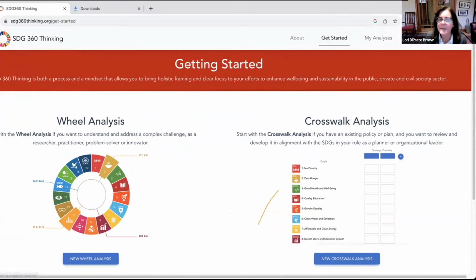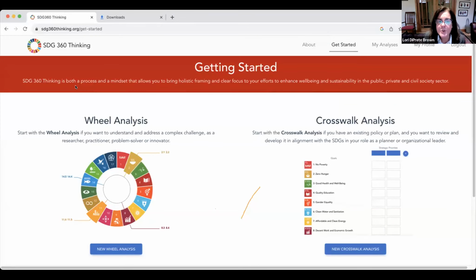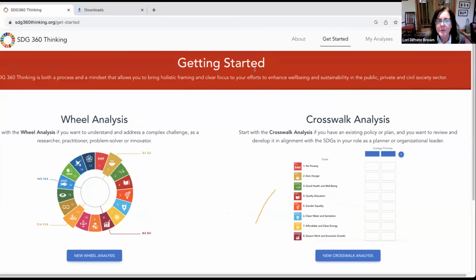If you click on Get Started, you'll see this page, and it's going to remind you that SDG 360 thinking is both a process and a mindset that allows you to bring holistic framing and clear focus to all of your efforts to enhance well-being and sustainability in the public sector, the private sector, or the civil society sector. Here, we're all working on health services.